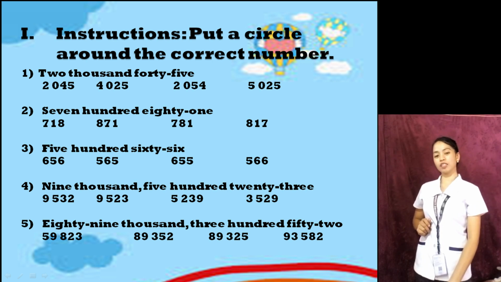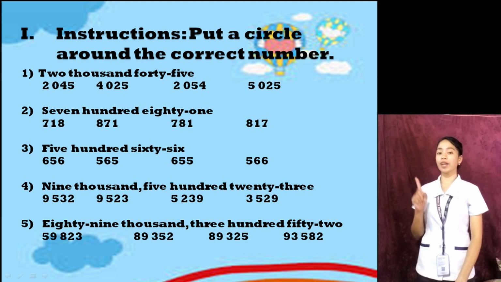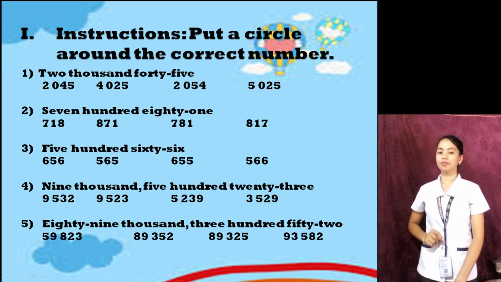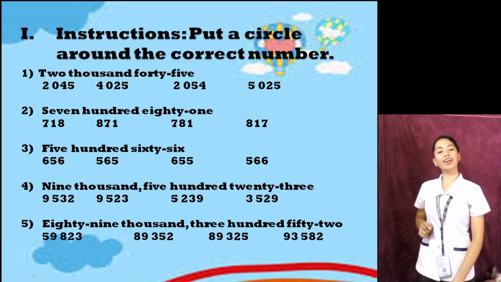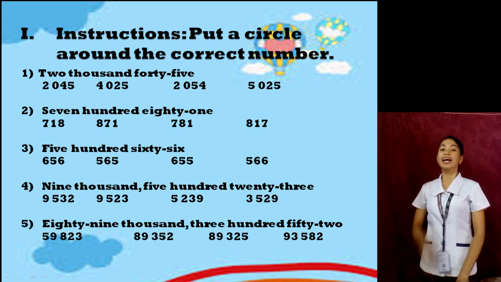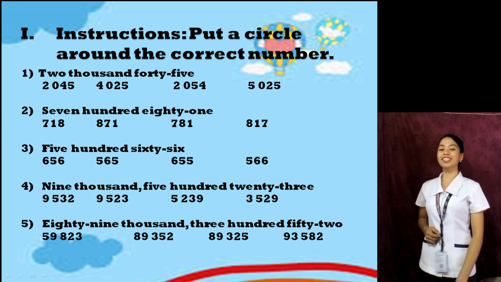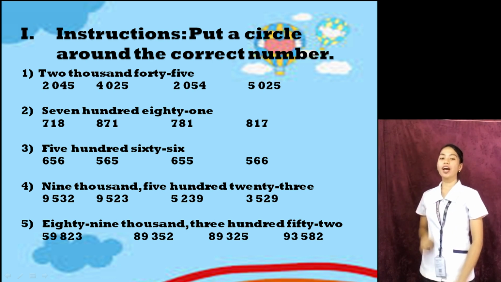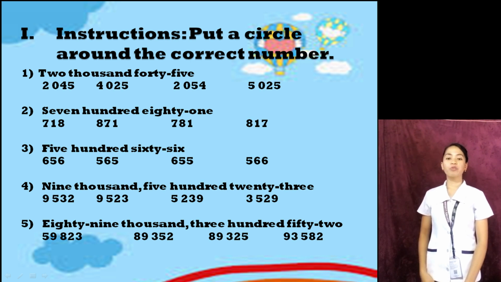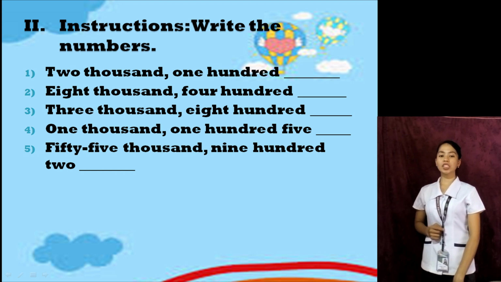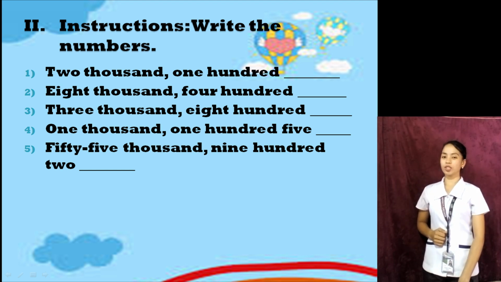This is the instructions. Put a circle around the correct number. In number 1, 2045. Number 2, 781. In number 3, 566. In number 4, 9,523. Number 5, 89,352. And test 2, this is the instruction.